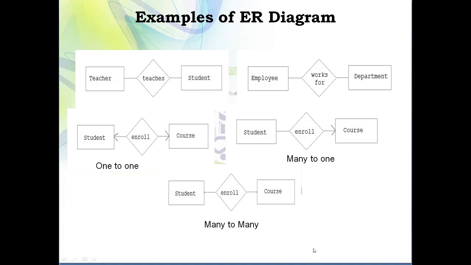So these are a few examples of an ER diagram. Here you know that a rectangle represents an entity, whereas a diamond shape represents a relationship between two entities. One is student, second one is course; student, course; employee, department.